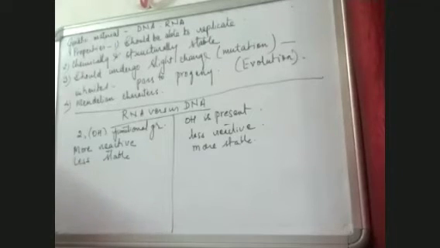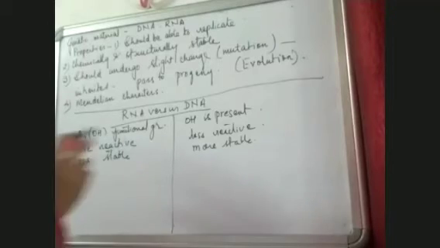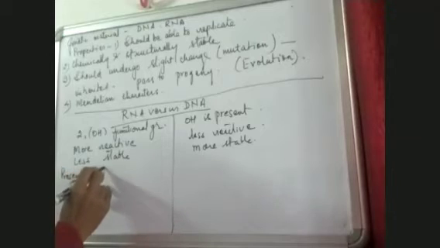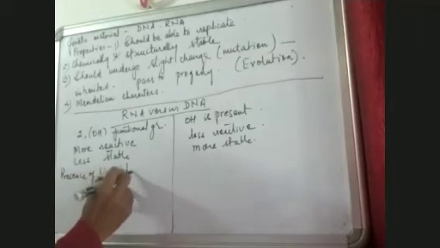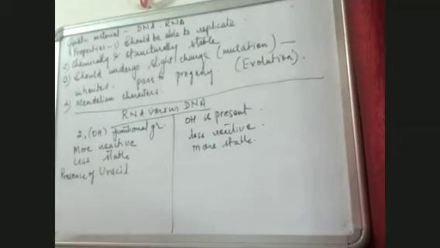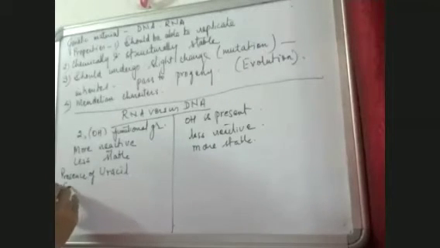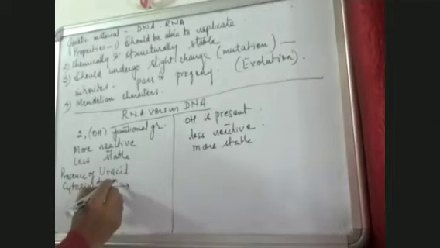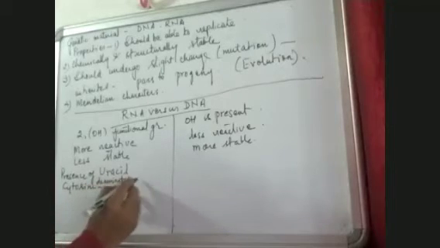Besides this, RNA has uracil in it. Uracil is formed by deamination of cytosine. When cytosine gets deaminated, meaning removal of the amino group, it forms uracil.